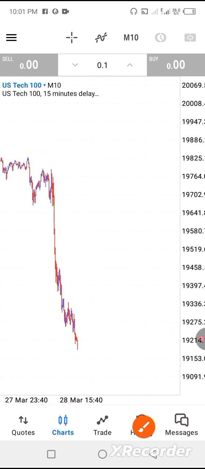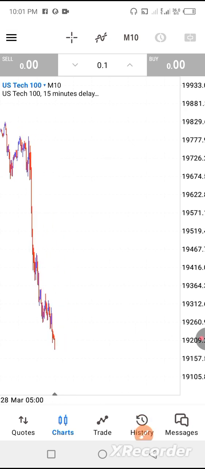But what do I look for before taking my trades? On the higher time frame, maybe your H4, H2, and D1, week 1, and then the monthly. But me, I stick to D1 and H4, or maybe H6 sometimes. Since I'm an advanced market structure trader, I look for liquidity.